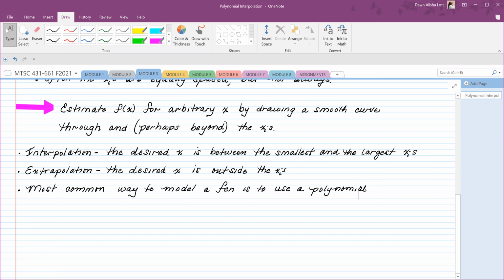Approximation instead is something we're not going to do right now, but we will get to it.